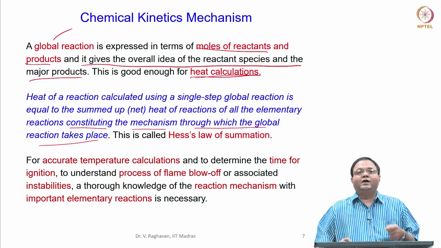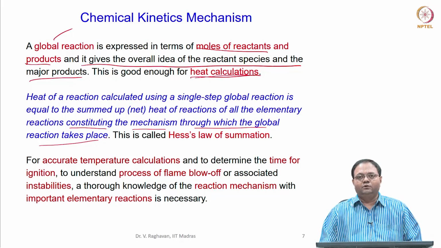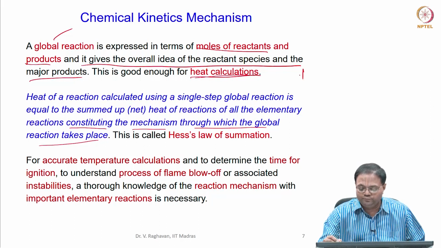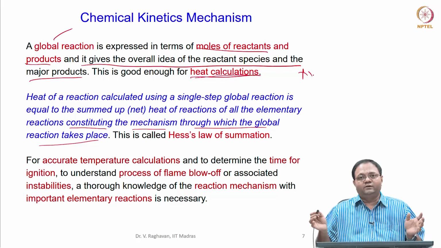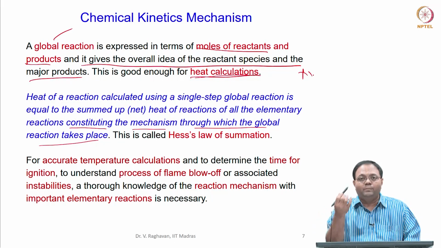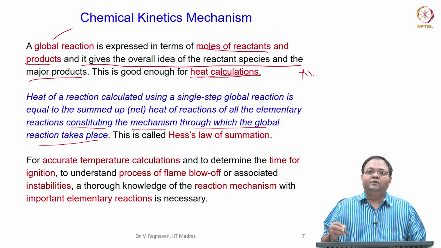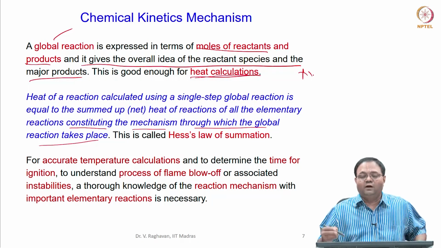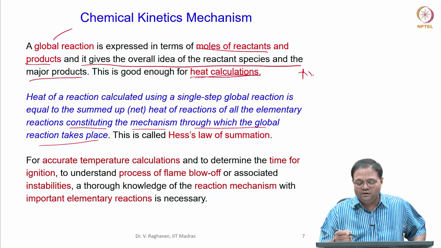Okay. So, you calculate the heat of reaction using a single step global reaction, you will get a value, say x1. You have the mechanism now. So, 300 elementary reactions contributing to the entire mechanism, and you calculate the heat release from these, add and subtract them, and evaluate the net heat release.